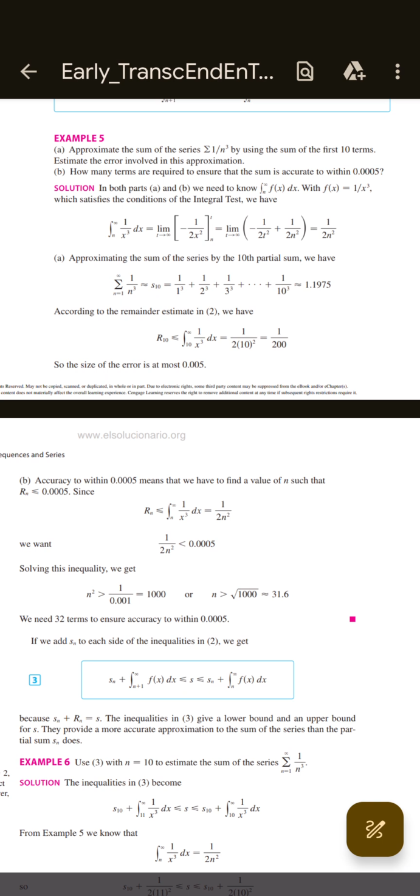We need to know the integral from n to infinity of f of x dx, with f of x equals 1 over x cubed, which satisfies the conditions of the integral test.